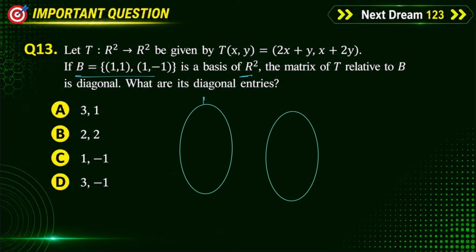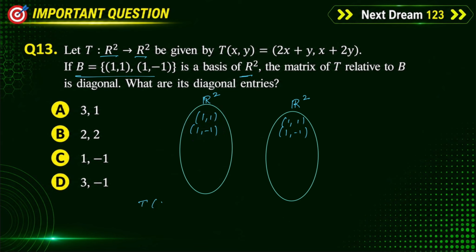The domain is R2 and the codomain is also R2. For both R2 and R2, the basis given is (1, 1), (1, -1). For this also the basis is (1, 1), (1, -1). We have to apply the transformation to this basis.